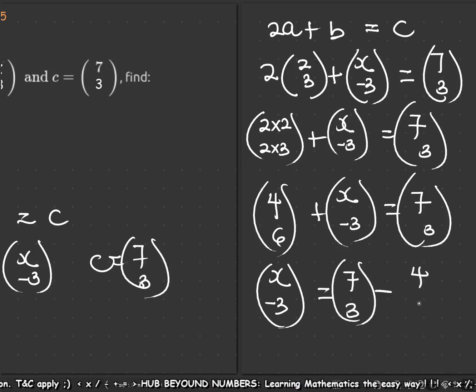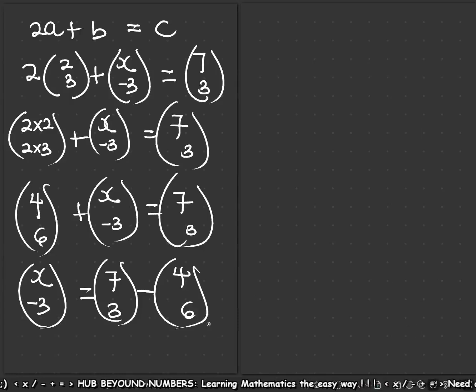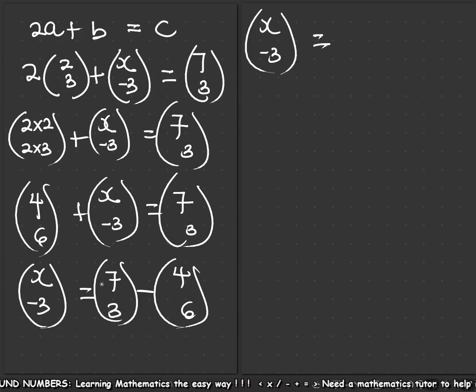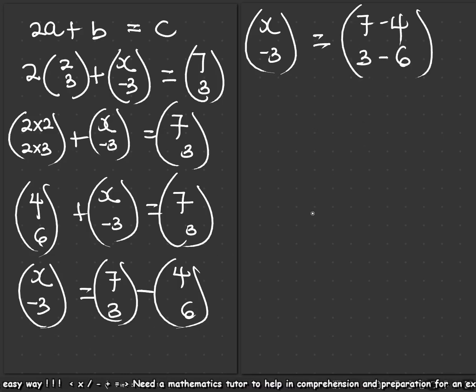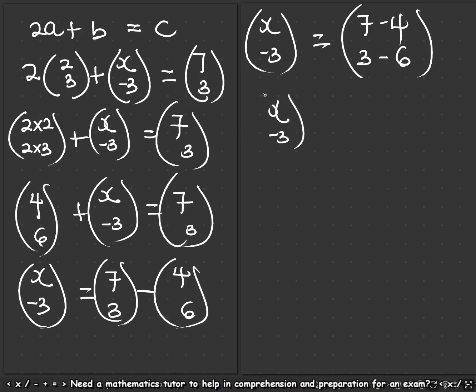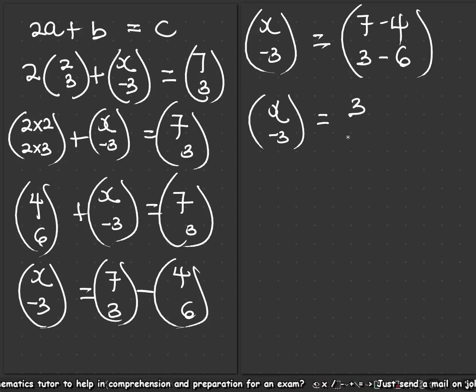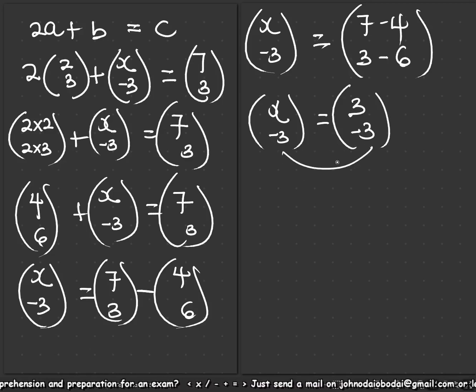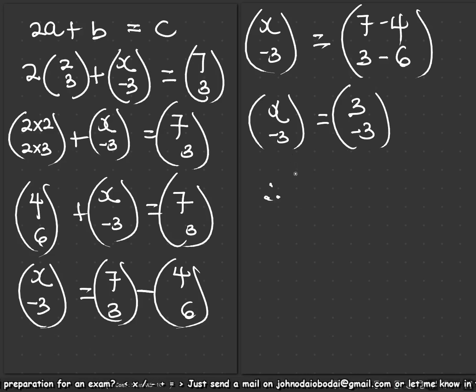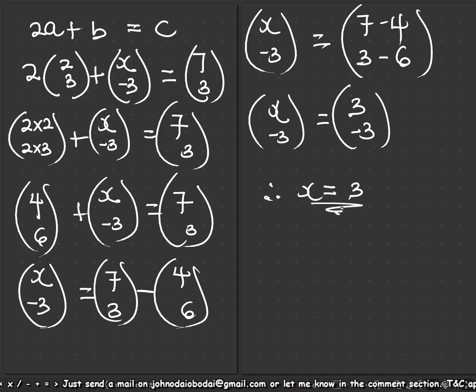So (x, negative 3) is equal to 7 minus 4, and for the y component, 3 minus 6. 7 minus 4 gives us 3, then 3 minus 6 gives us negative 3. As you can see, the y component is just the same as the y component we have over here. Hence, therefore, our x is equal to 3. And that is all for our solution.